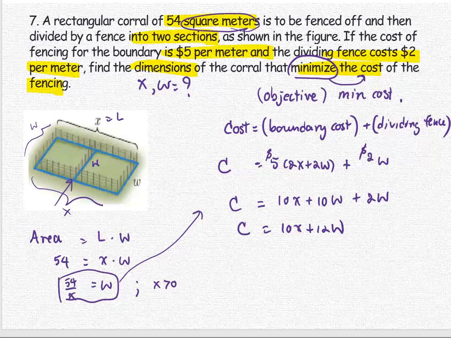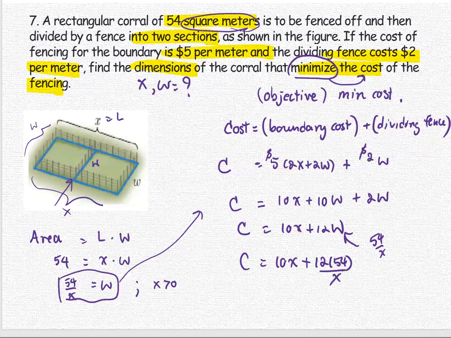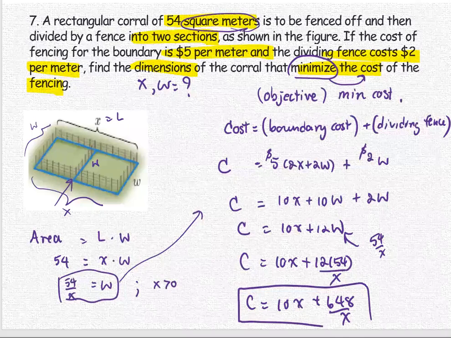We found w in terms of x, so we replace w here with 54 divided by x. Then the cost is 10x plus 12 times 54 divided by x. And 12 times 54 is 648. So C equals 10x plus 648 divided by x as the objective function.